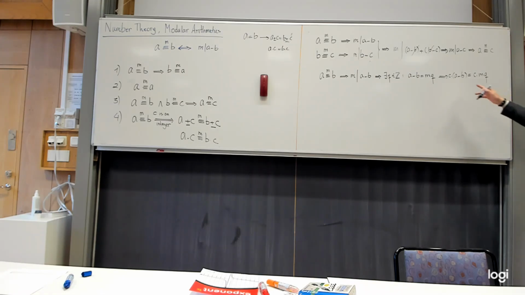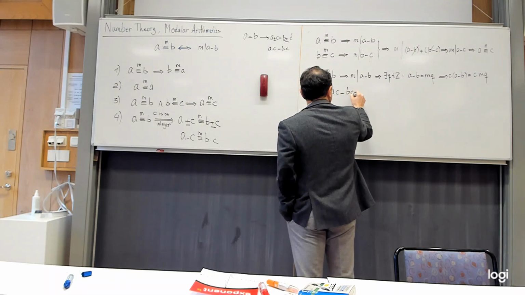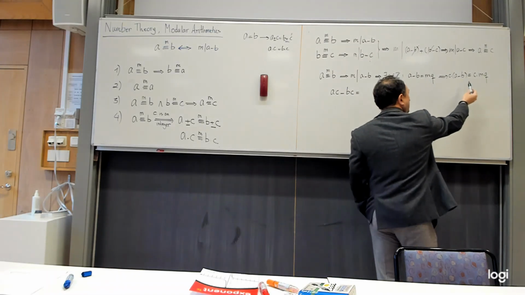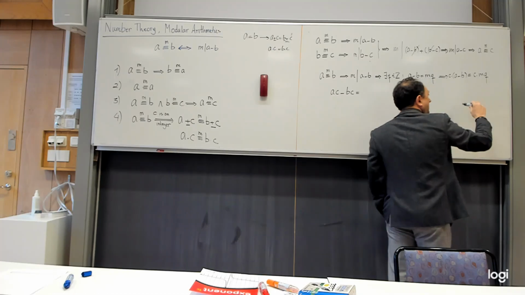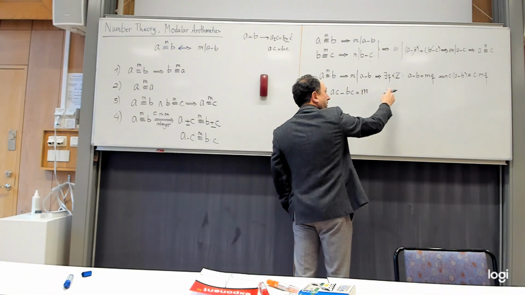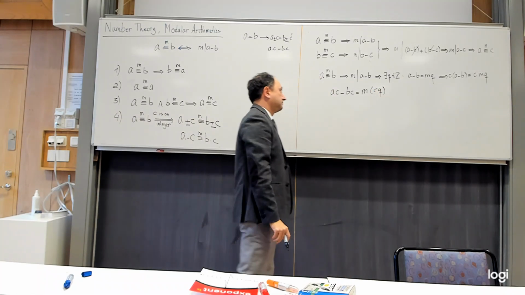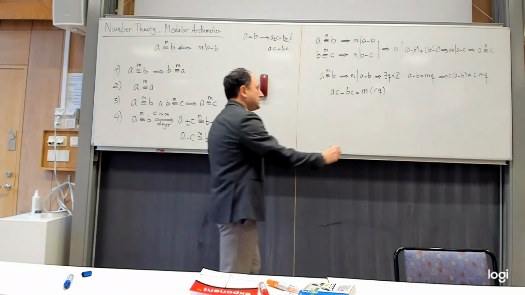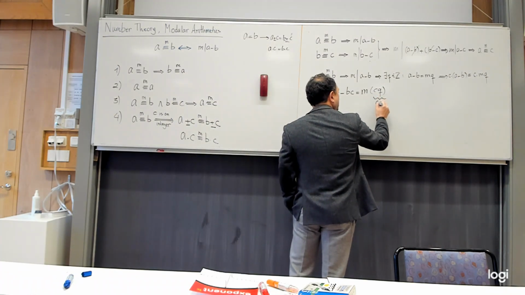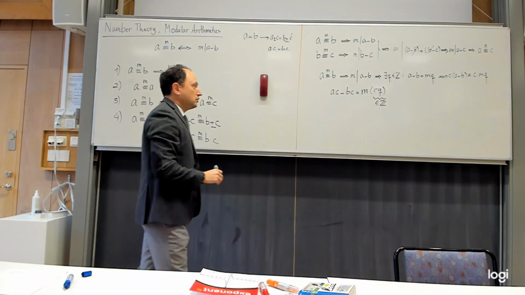Yes? And then when you multiply that, it becomes AC minus BC. But this is the product of three numbers. It doesn't matter how I group them, because I need to have M. So I keep M and then absorb C into the Q. This is definitely an integer, because Q is an integer, C is an integer, so CQ is an integer.